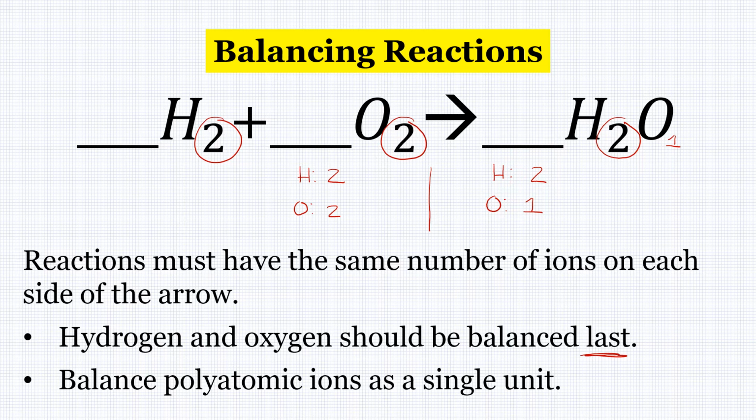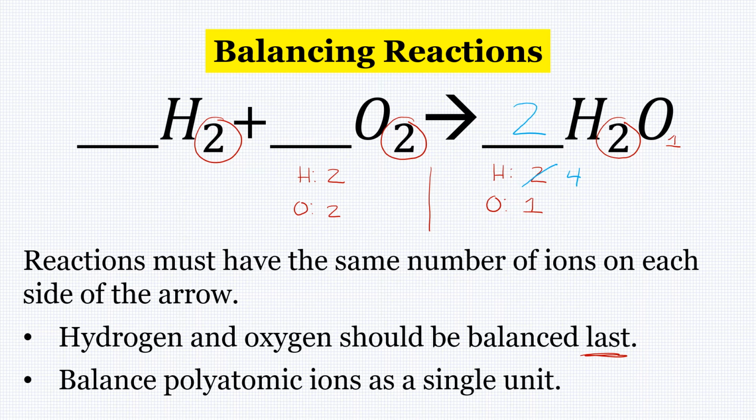So what I'm going to do first is look at the oxygens, because I realize that my oxygens are out of sync here. I've got 1 oxygen on the left, 1 oxygen on the right, and 2 on the left. So I'm going to put a 2 in front of the H2O, the water, and that's going to multiply this.